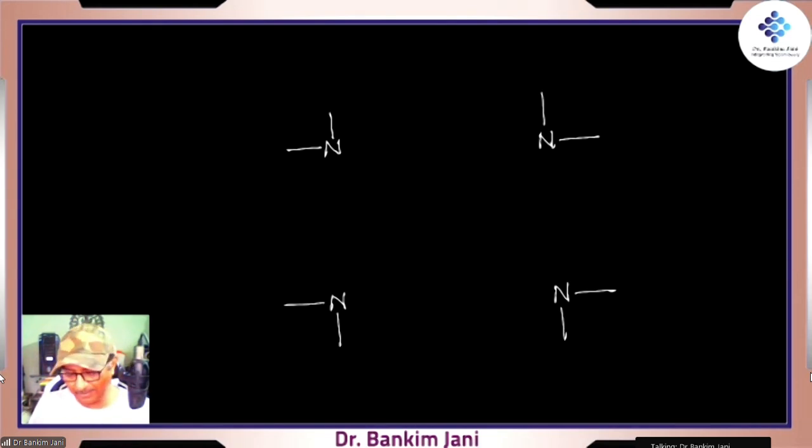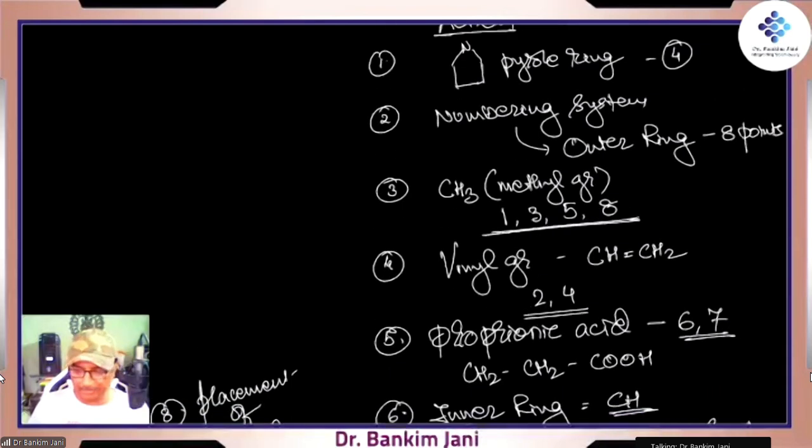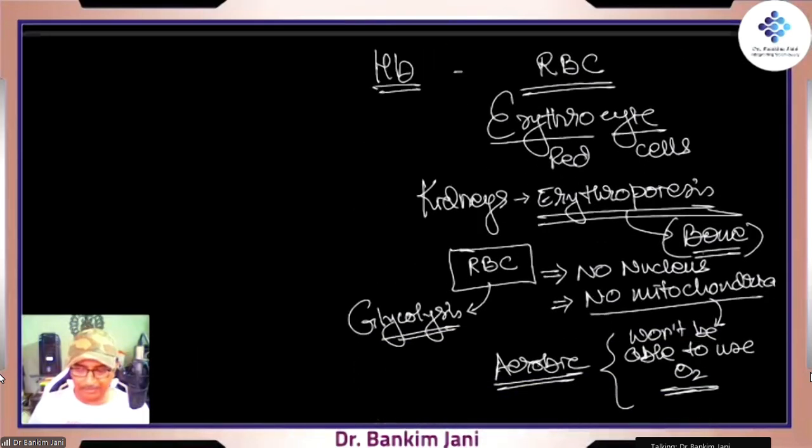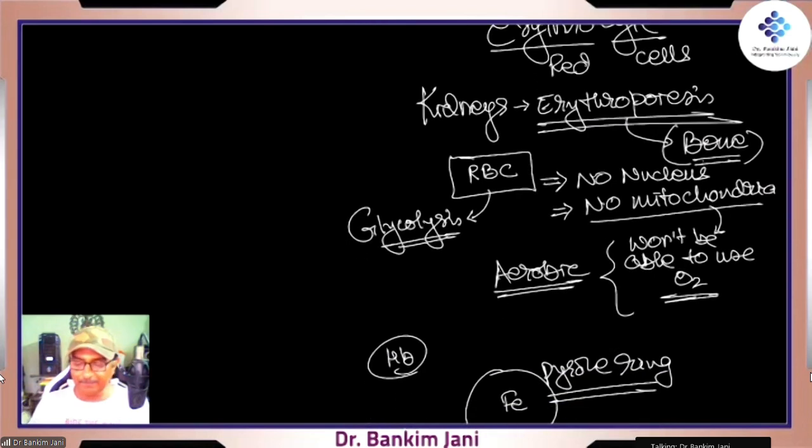We are discussing hemoglobin, and what we are drawing is the hemoglobin structure. I already gave the points, and this was the description of what exactly RBC, erythrocyte, red blood cells are. Kidney secretes the enzyme which stimulates erythropoiesis that occurs in bone.